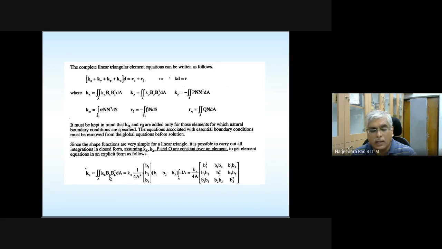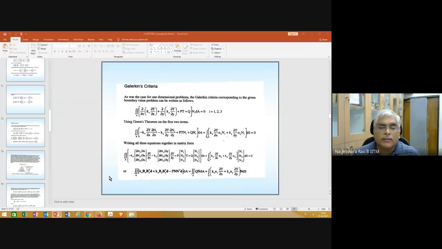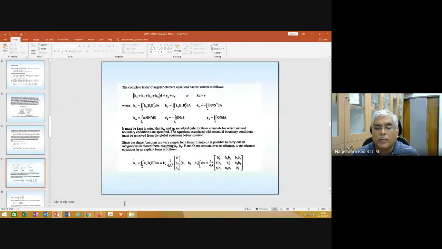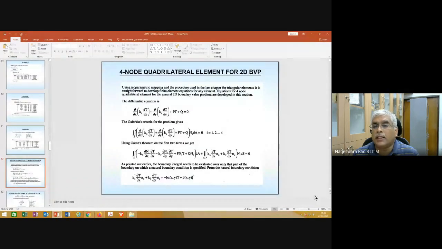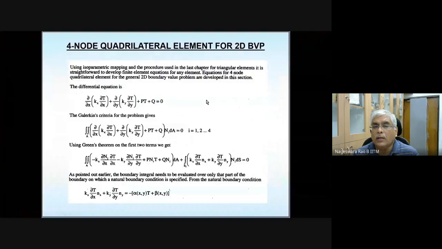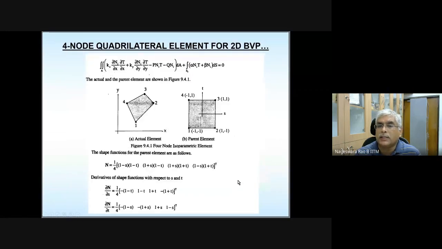And if required, you need to adopt numerical integration. So that's what is explained here: the 4-node quadrilateral element for the 2-dimensional boundary value problem. So you go through all this. Now you need to substitute these shape functions.